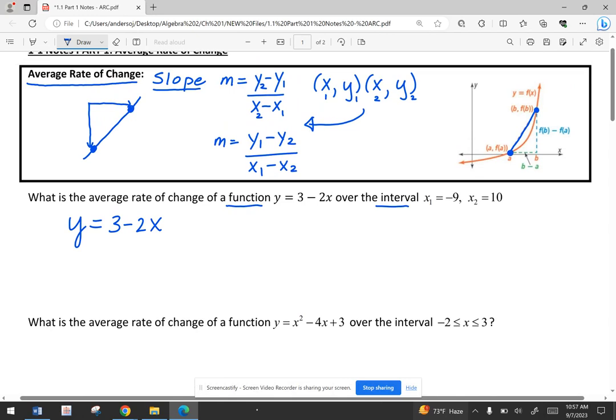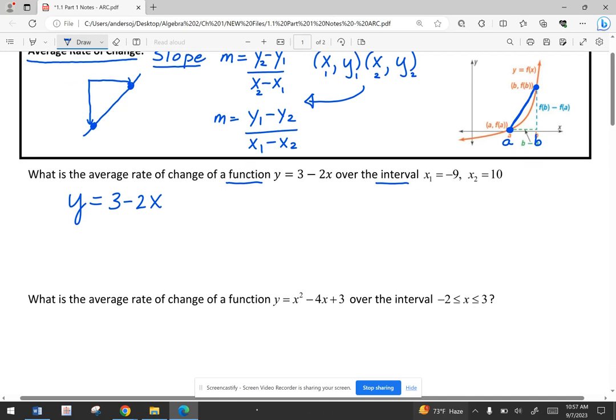An interval is just a set of two numbers, and you are finding the values between that. So you're finding the interval of A to B. Okay? So we are looking for the interval between x1, which is negative 9, and x2, which is 10.